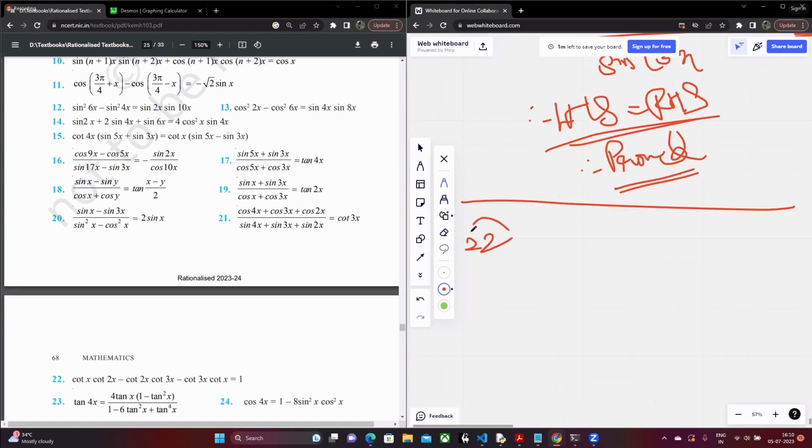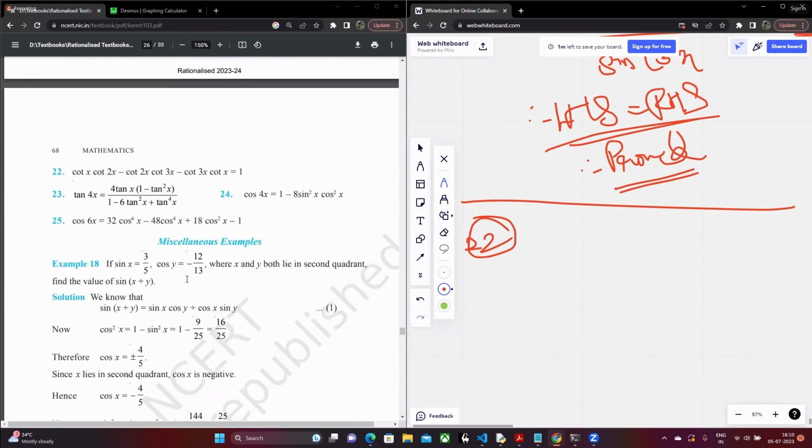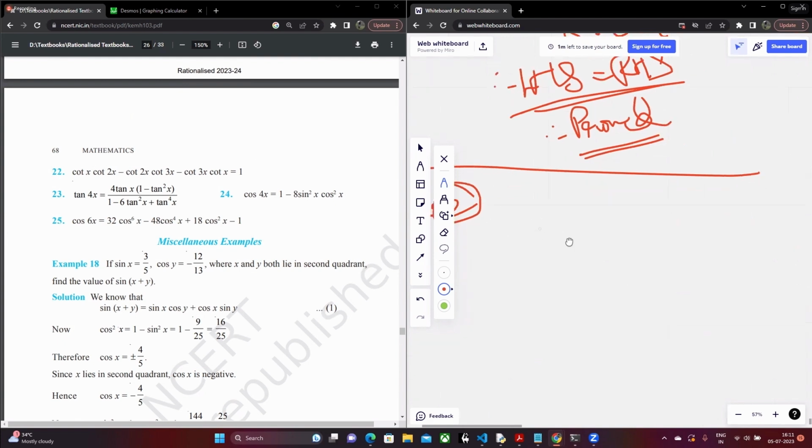Question number 22. Right? This is cot x cot 2x minus cot 2x cot 3x minus cot 3x cot x is equal to 1. So over here, what you can do is take something common out, right?